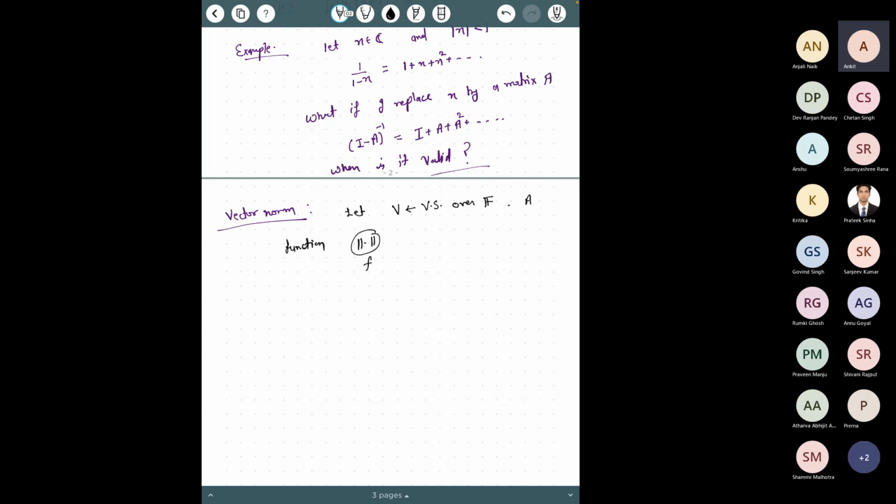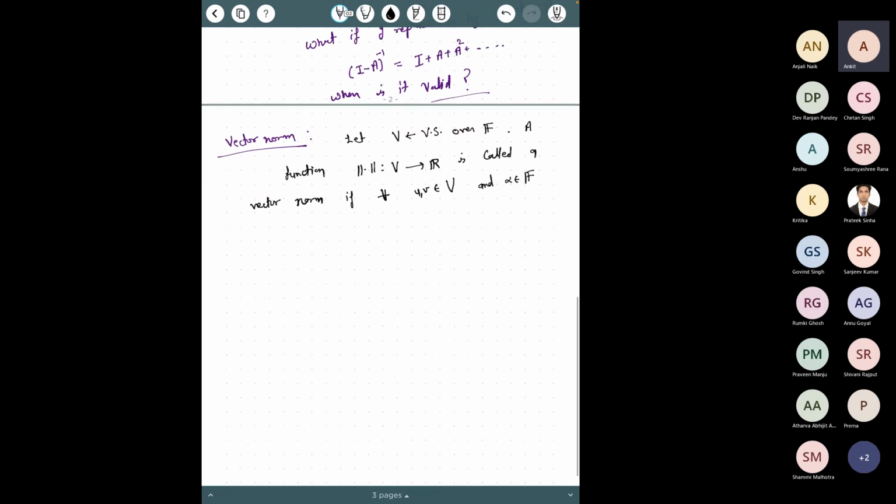A function from V to R is called a vector norm if, for all vectors u and v in the vector space V and scalar alpha in F, these four properties are satisfied.